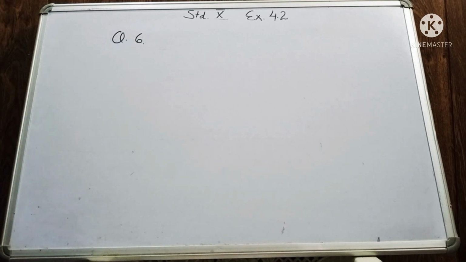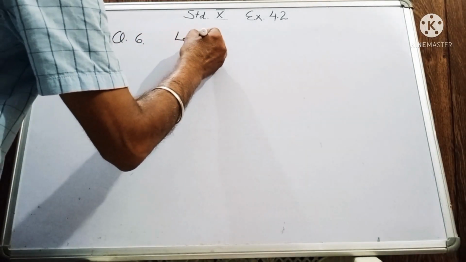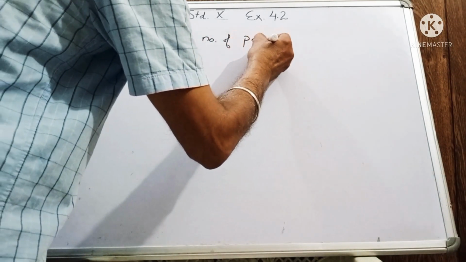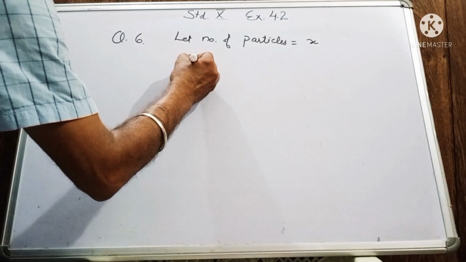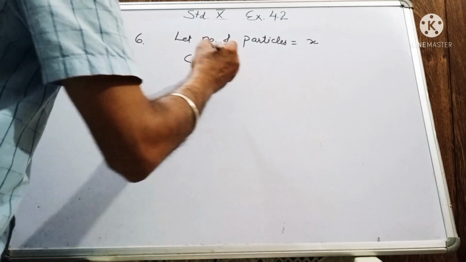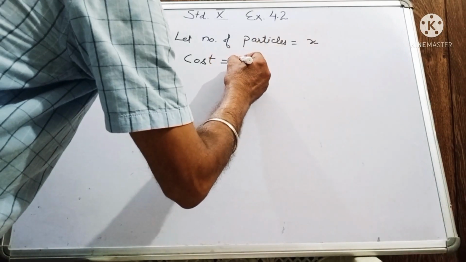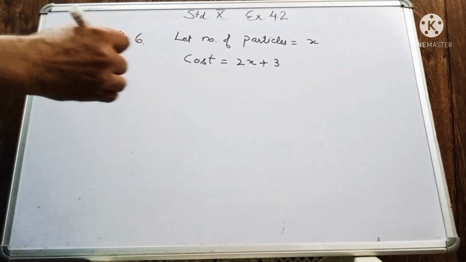Cost of production of each particle was 3 more than twice the number of particles produced on that day. So we will suppose, let number of particles produced on a particular day be x. Therefore, cost of each particle is 3 more than twice the number of particles, that is 2x plus 3.